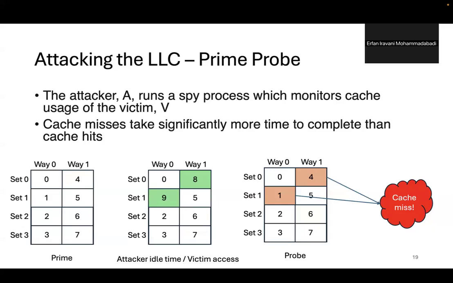If it's not taking long, it means there's a cache hit, and those lines were not accessed by the victim and were still present in the cache. Otherwise, if it takes a long time, this was a cache miss, and the attacker will understand that those lines were accessed by the victim during the idle time.